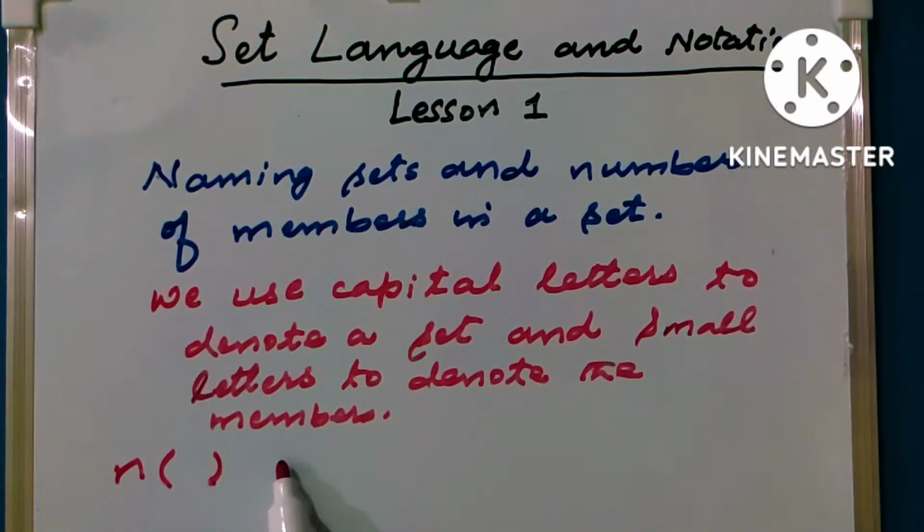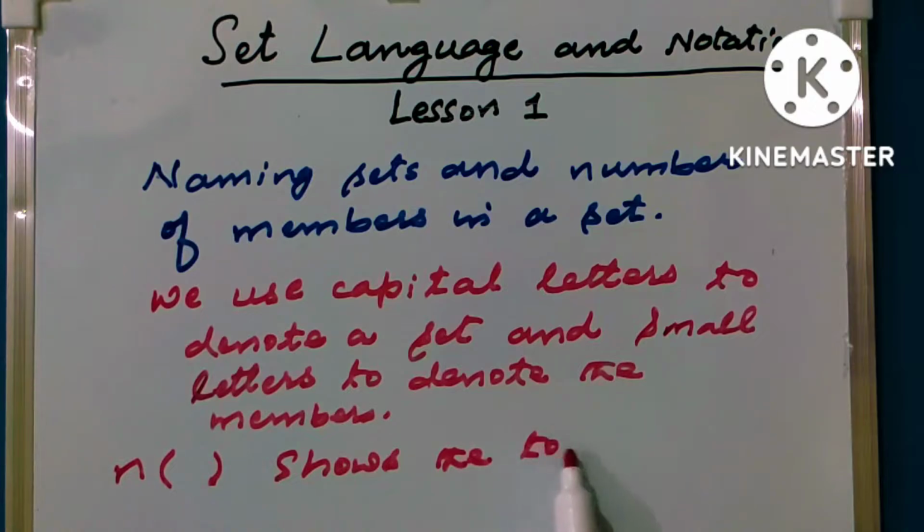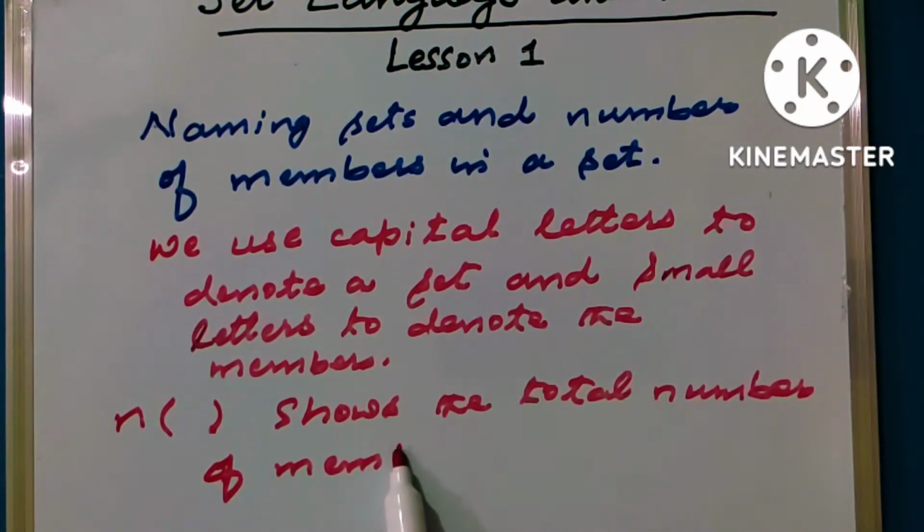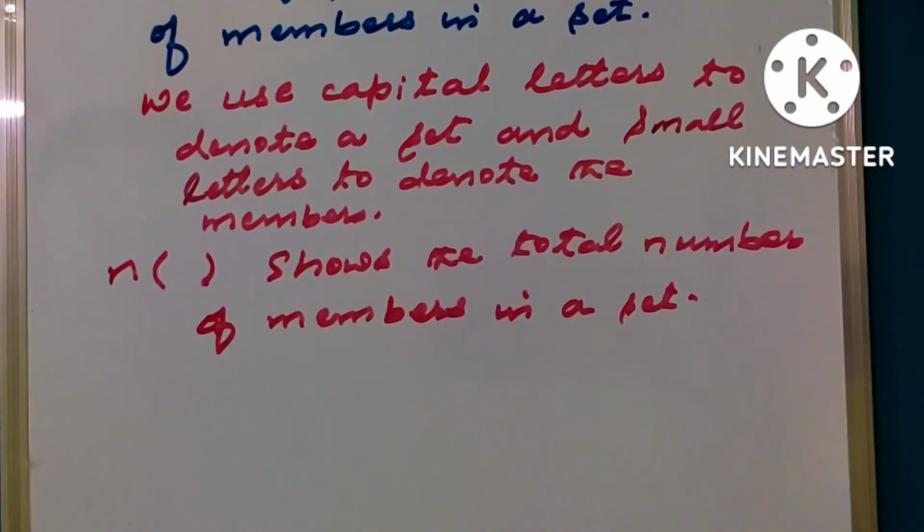This symbol shows the total number of members in a set. We can take some examples.